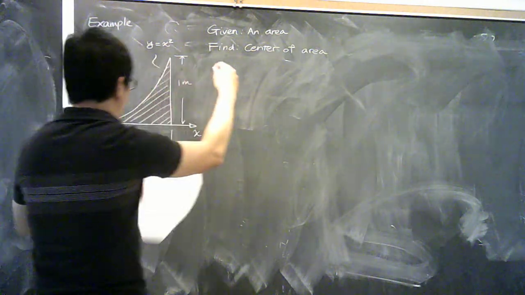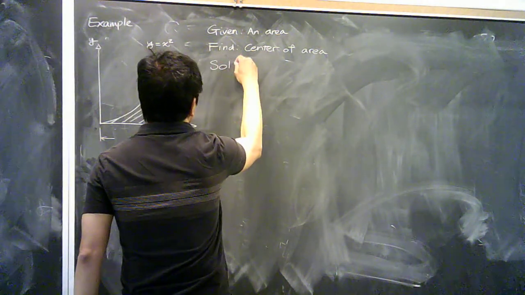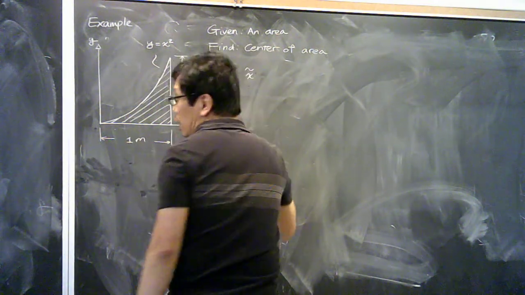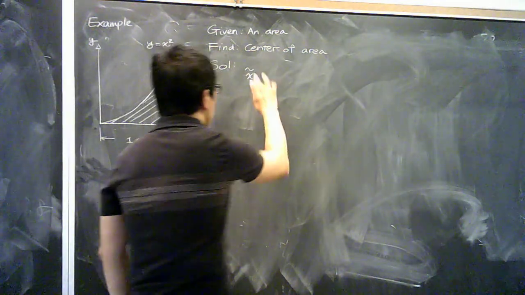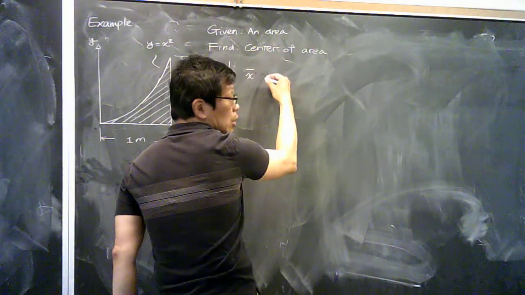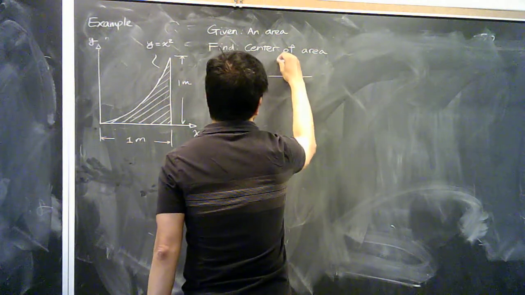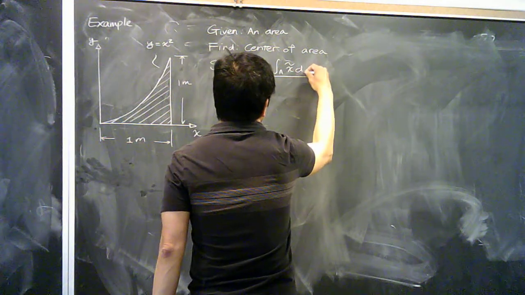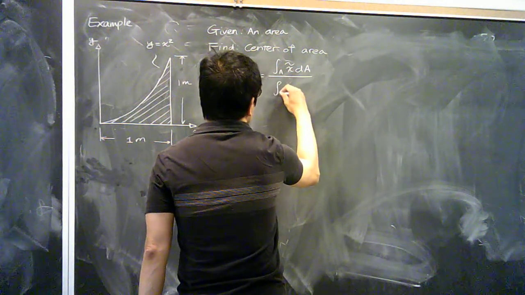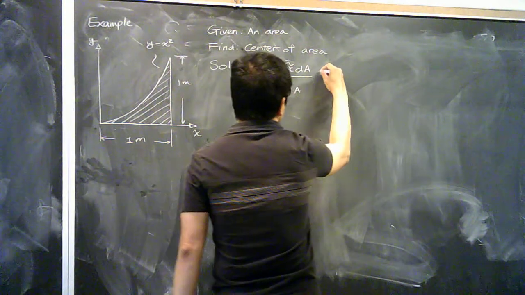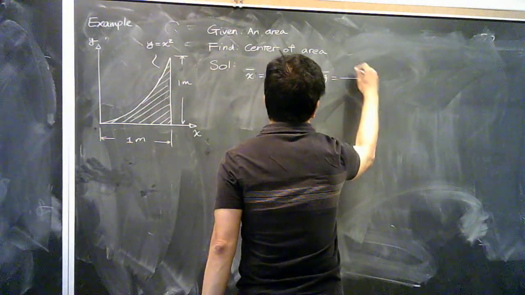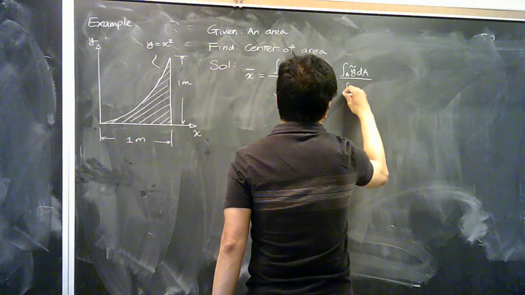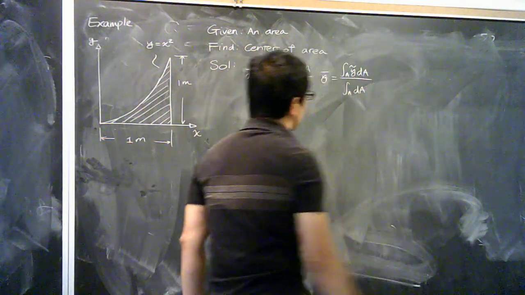We need to change the equation or formula over there a little bit, because instead of using W, we need to use area over here, which means it's going to be... okay.